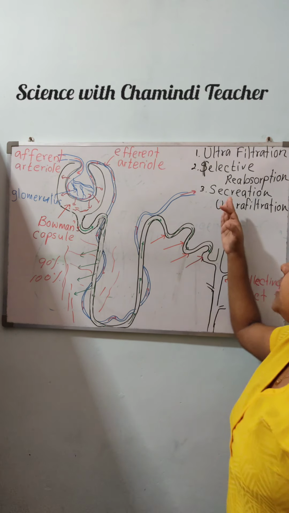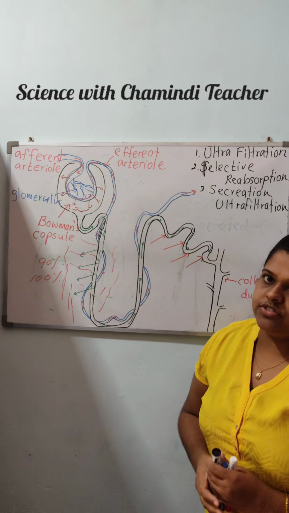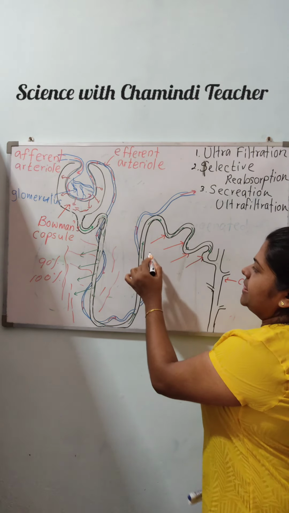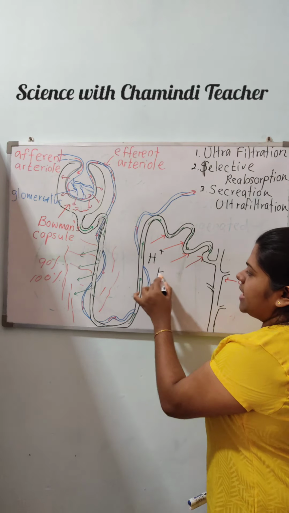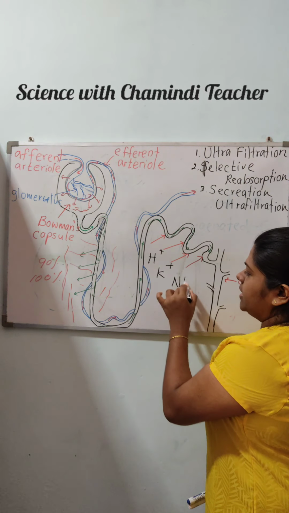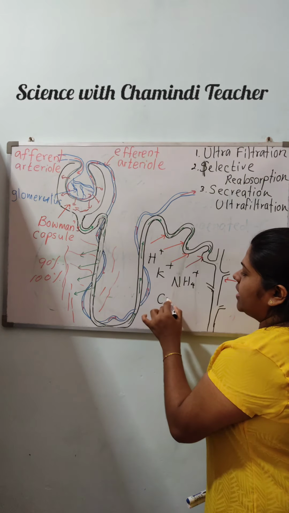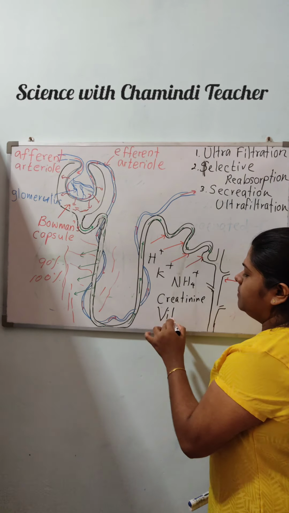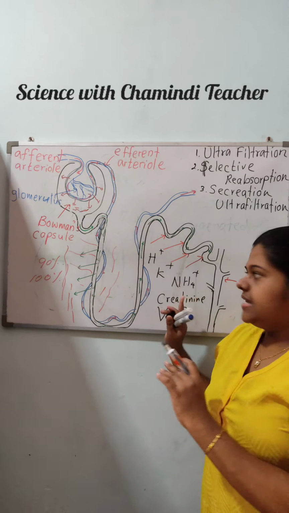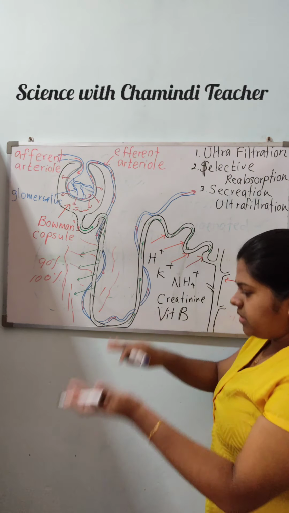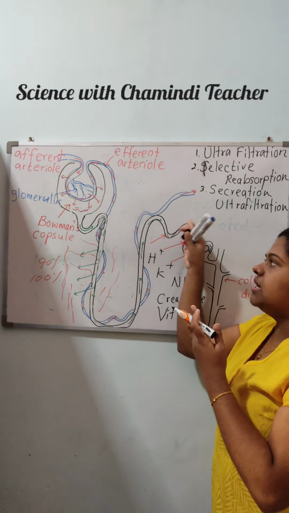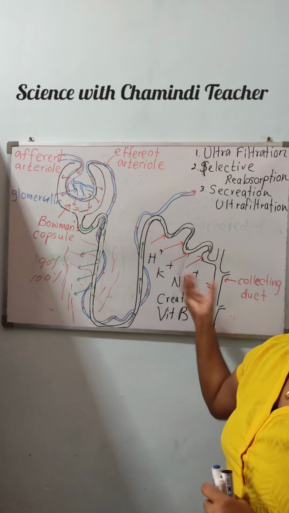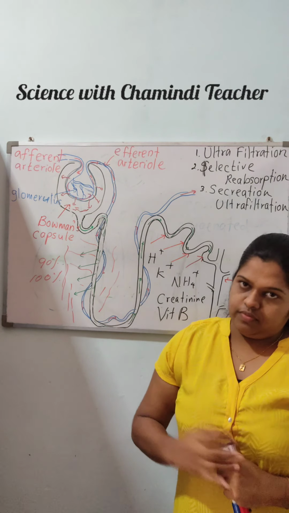That process we call secretion. In secretion, especially H+ ions, potassium ions, ammonia ions, creatinine, and vitamin B, which are in our blood vessels, are sent from the blood vessels into the tubules of the nephron. And now the urine has formed.